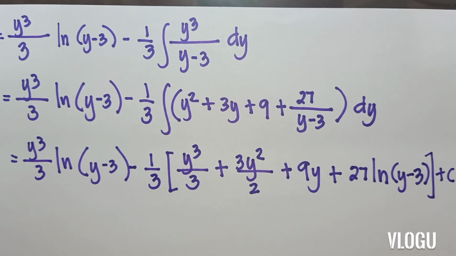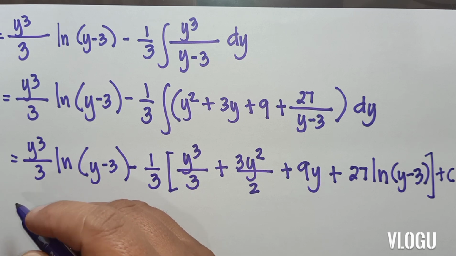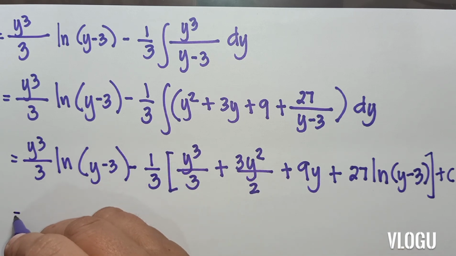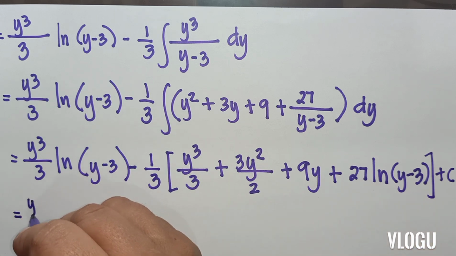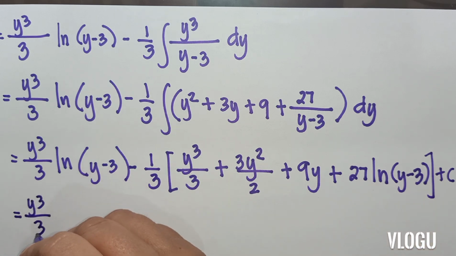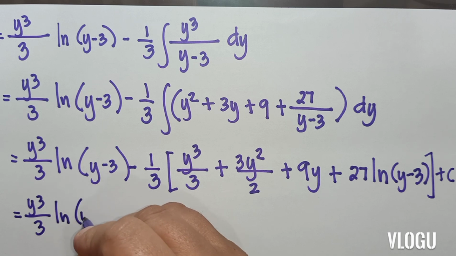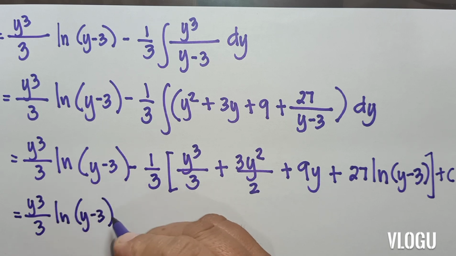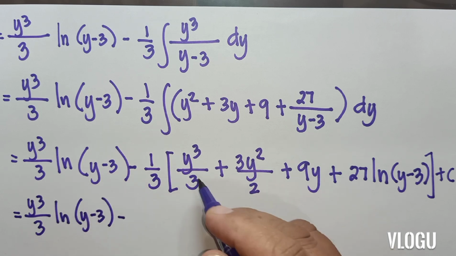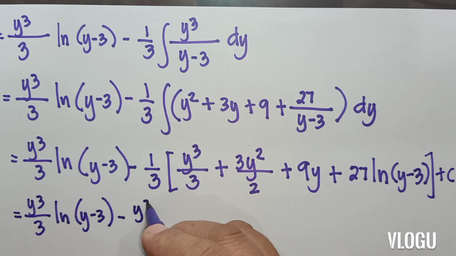So our final answer would be y cubed over 3 ln (y minus 3) minus y cubed over 9.